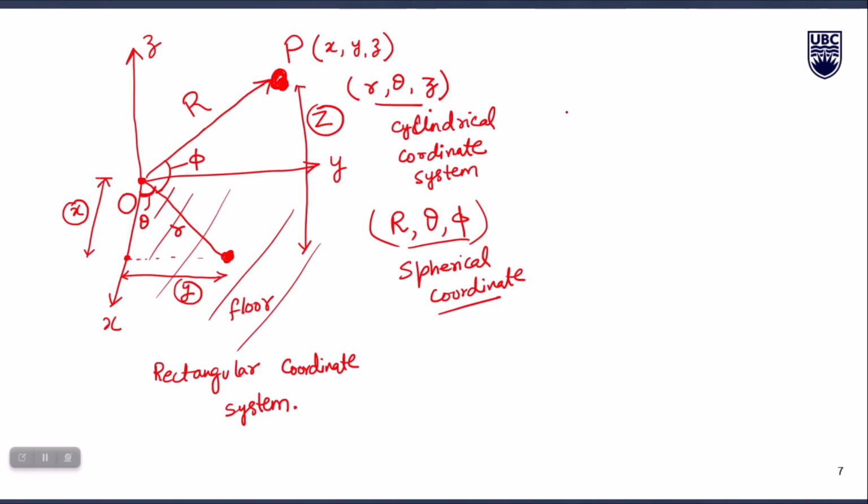So for example, if an object is moving along the x axis, then the y axis, then the z axis, or it's moving in both x and y axes at the same time, like in a curved path, it will be more convenient to represent the location of different points on that path in the rectangular coordinate system.